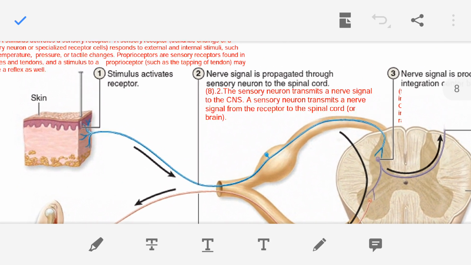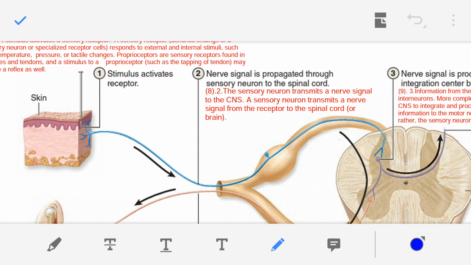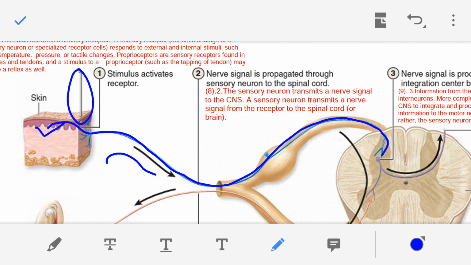Now here, due to the poking of this iron nail, the sensory receptors from your skin have generated the nerve impulse, and now this nerve impulse is propagating by this blue colored sensory neuron. This sensory neuron is sending the nerve impulse regarding the pain that you are experiencing, and that pain information in the form of a nerve impulse is propagated into the spinal cord.